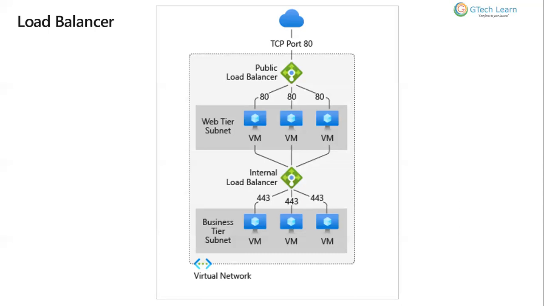For the same, Azure provides us one service, the Azure Load Balancer, that operates at layer 4 of the OSI model, and that is the single point of contact for the client, and that distributes the inbound flow to the different resources.